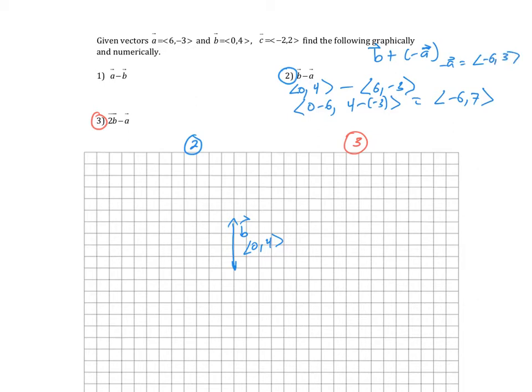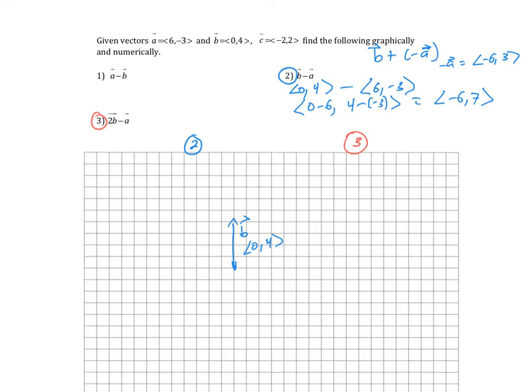When I'm doing subtraction or addition, I go along vector b, and then I'm going to start negative a from the terminal point, or the head, of vector b. So I'm going to draw the vector negative a, and that's going to be negative 6, 3.